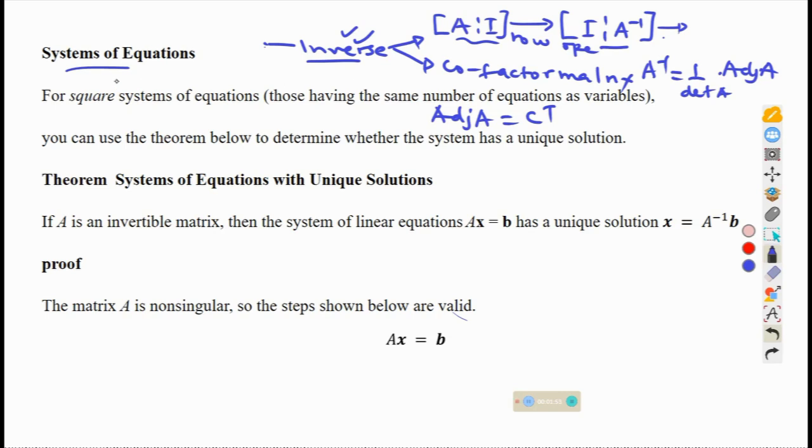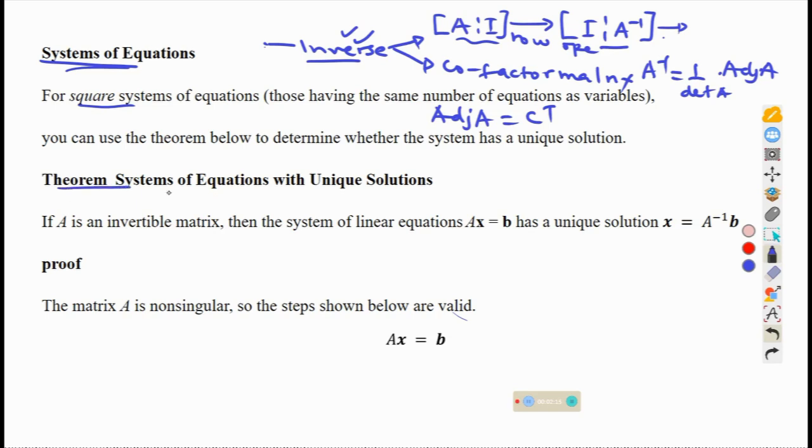So for today, we want to look at what we call the systems of equations. And we shall be saying for a system of equations, if you have a square system of equations, that is the equations that have the same number of equations as variables. So we shall use the theorem that we shall have below here.